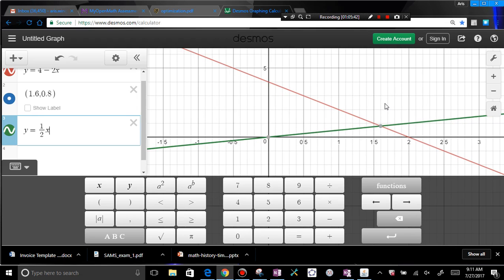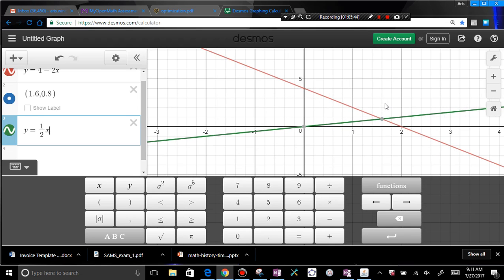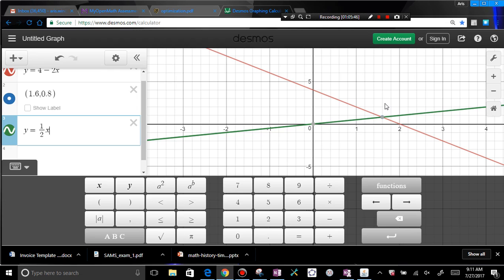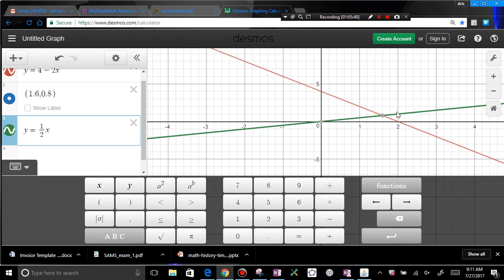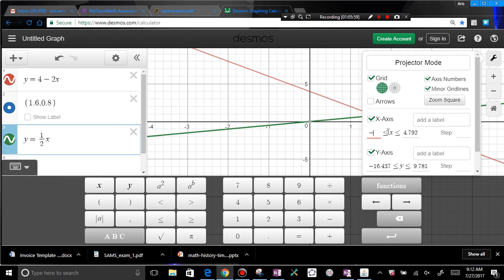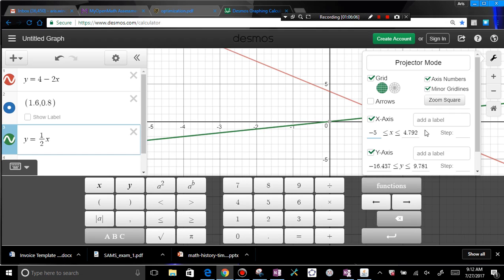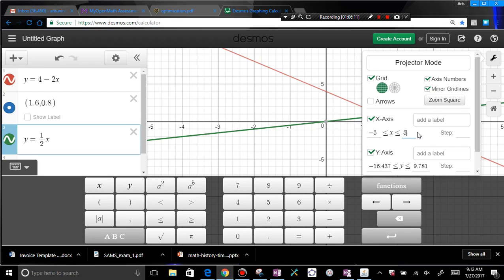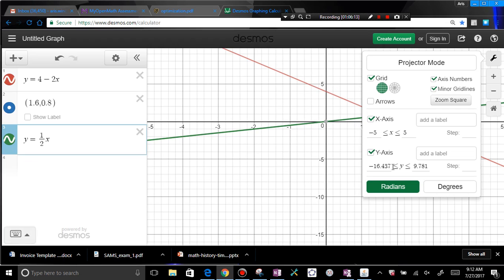Scale is way off, right? I think we probably want a box, right? So if we do negative 5 to 5, and then this is negative 5 to 5.